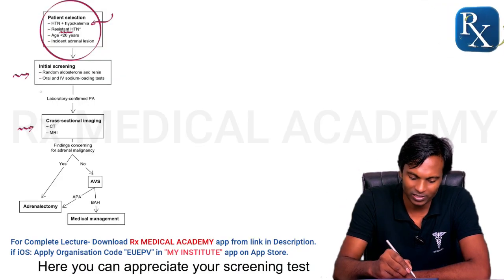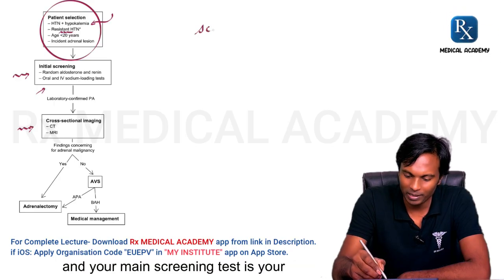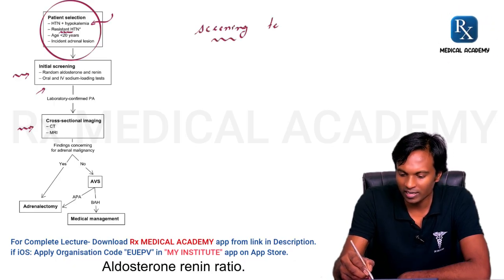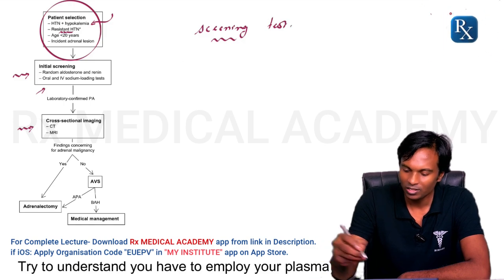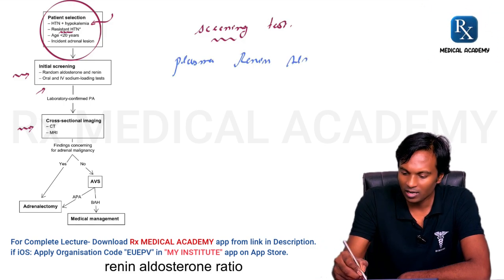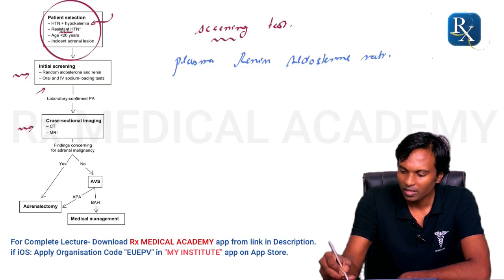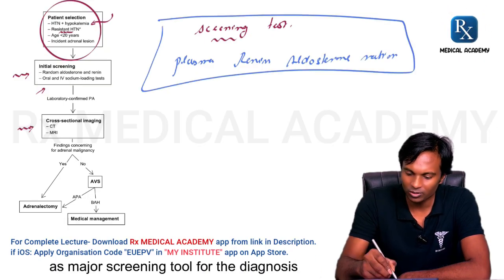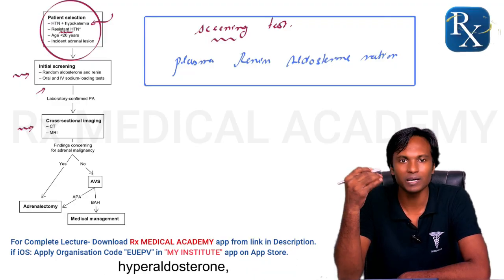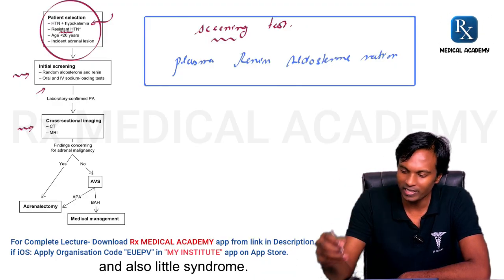Here you can appreciate your screening test, and your main screening test is your aldosterone-renin ratio. Try to understand. You have to employ your plasma renin aldosterone ratio as major screening tool for the diagnosis of primary hyperaldosteronism, secondary hyperaldosteronism, and also Liddle syndrome.